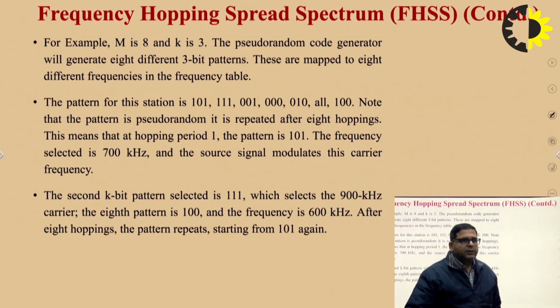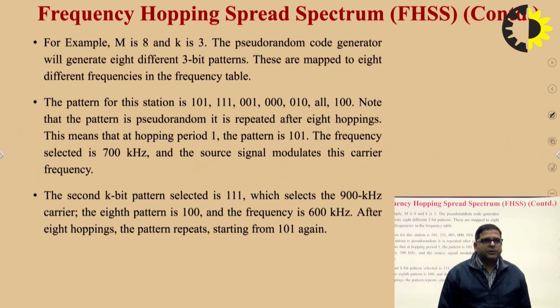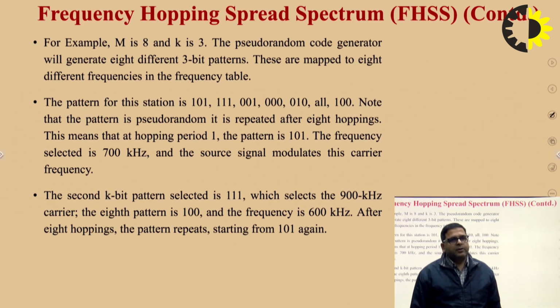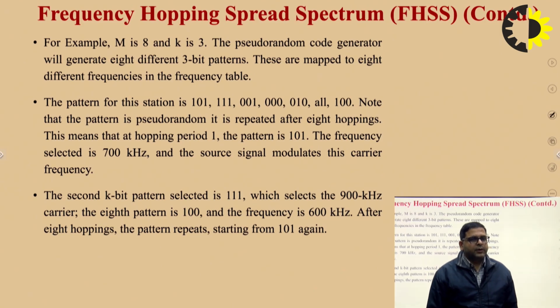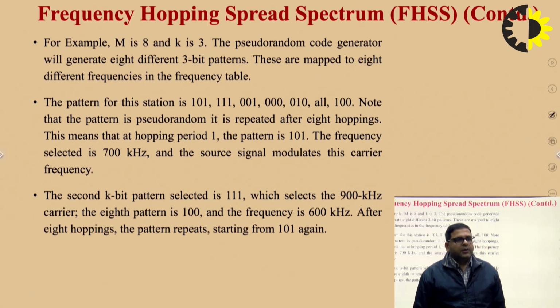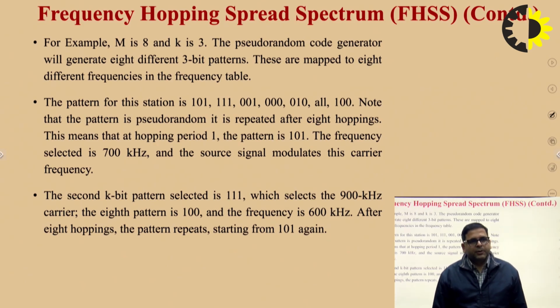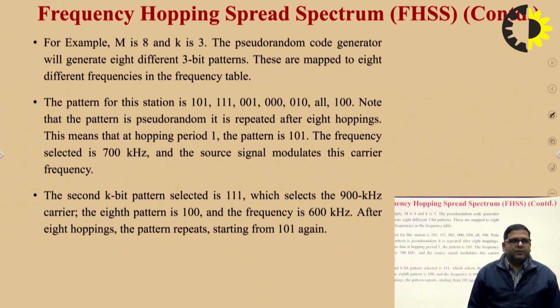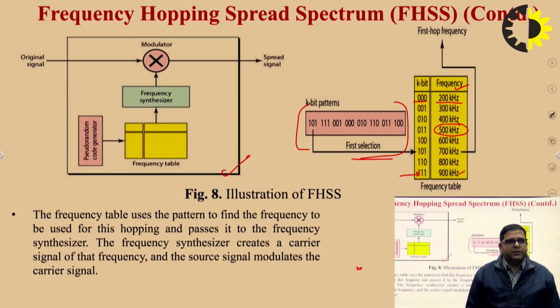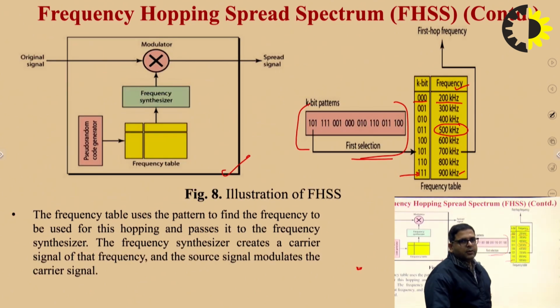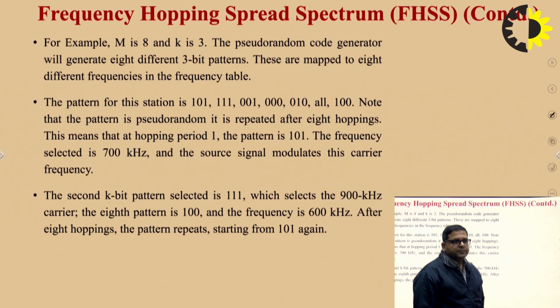The pattern for this station is 101, 111, 001, and this pattern is pseudo random and is repeated by the sequence generator. The second k-bit pattern, for example, is 111, which selects a frequency of 900 kilohertz.